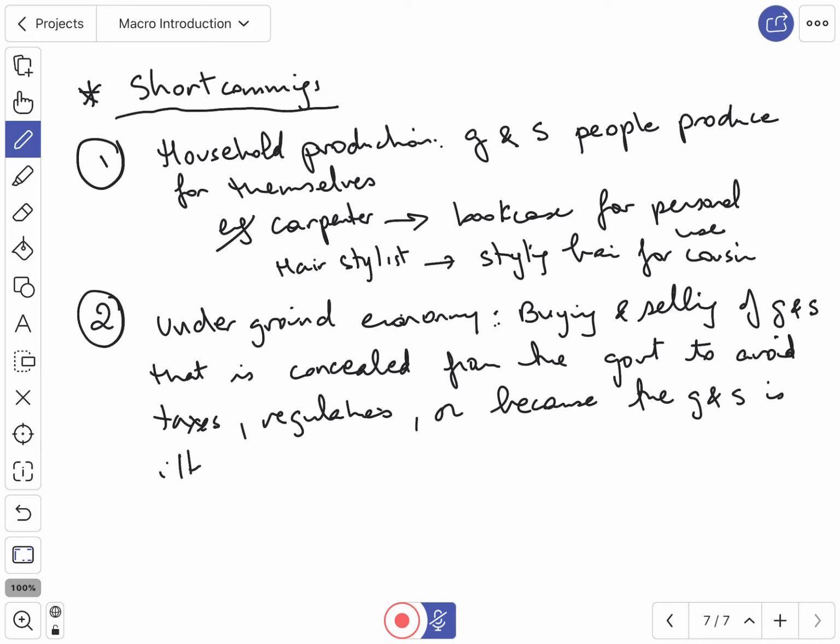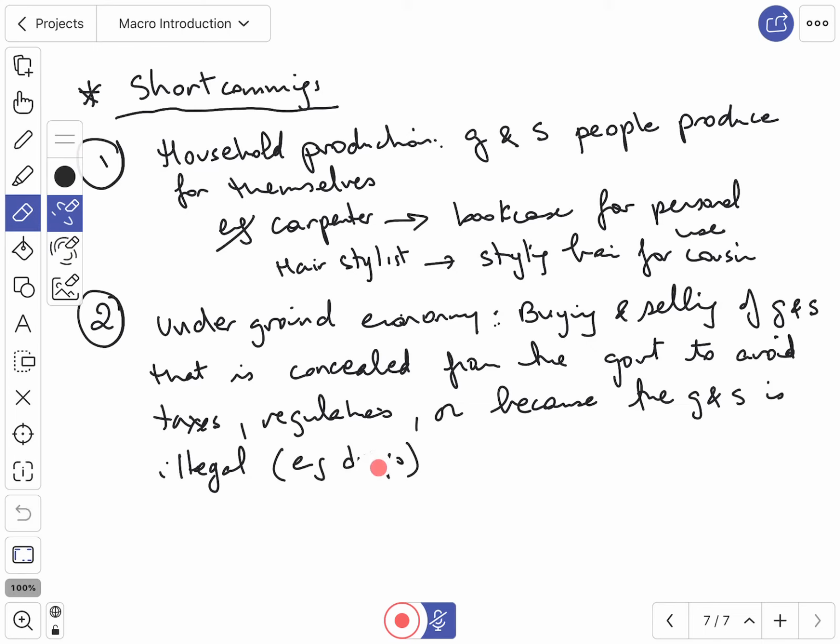And you can have multiple examples that you can think of, right? I said just drugs, but I'm sure that you can come up with other examples that are done without being reported. These are all under the umbrella of the underground economy.